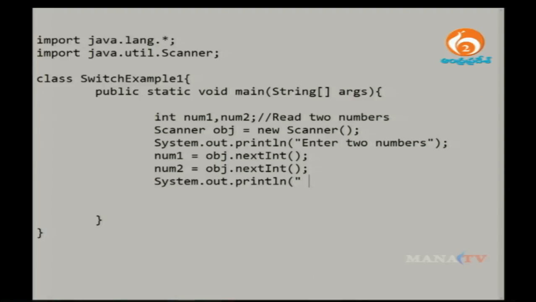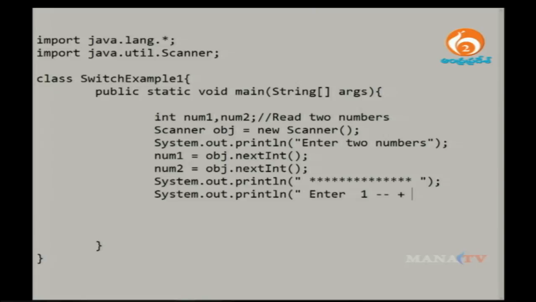I want to write something simple. Now I write it as System.out.println. Say I ask the user: if you enter 1, for example, the output is addition, the plus sign.